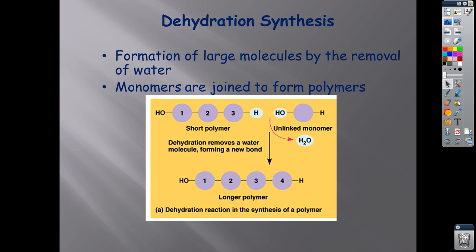Now, when this occurs, sometimes monomers are joined to form polymers, and in doing so, we have to remove a vital component in order for them to stick together. That component being water. We're talking here about dehydration synthesis. Dehydration synthesis is basically the formation of large molecules by removing water.